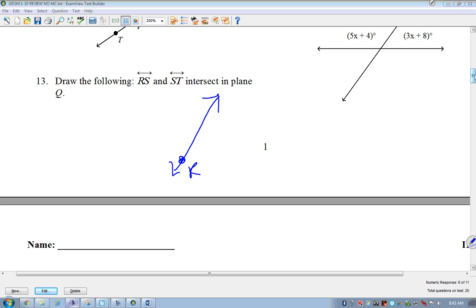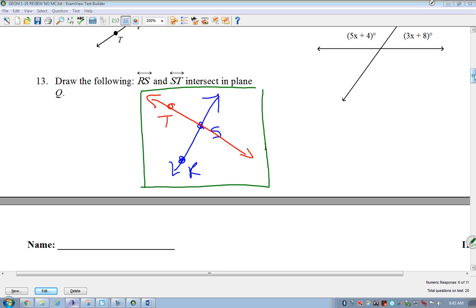Here's R. Here's S. But in order for me to have a line ST, it's got to come through point S. So S is a shared point. The lines intersect at point S. And then we're going to put Q in the corner. Do we understand how to draw those 2 lines and the plane?